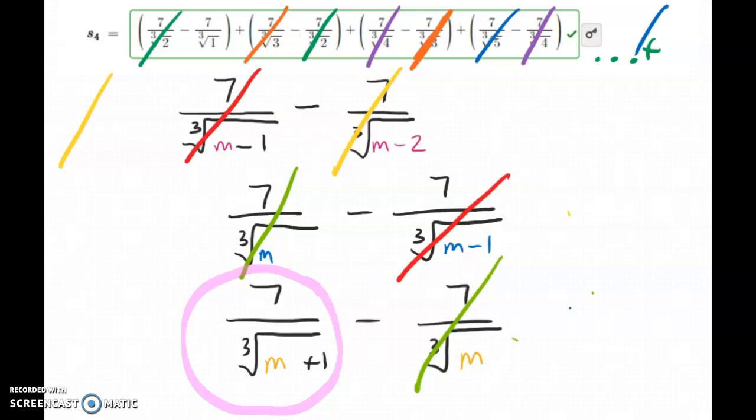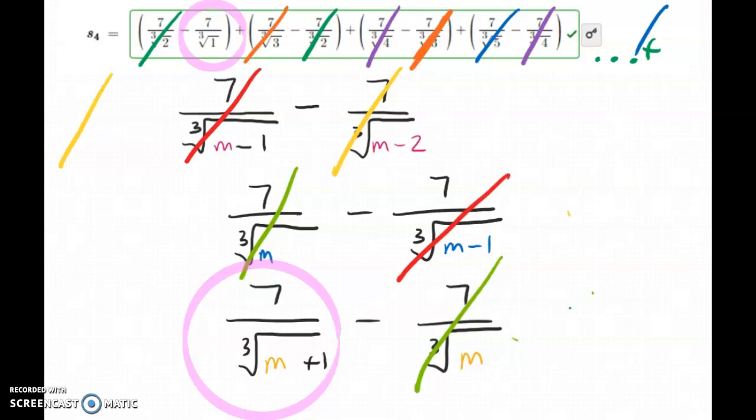We've got this part of the last term, and this part of the first term. When the middle terms cancel each other out and you're basically left with the first term and the last term, that's a telescoping series. What I highlighted here will be what we put for our sum.